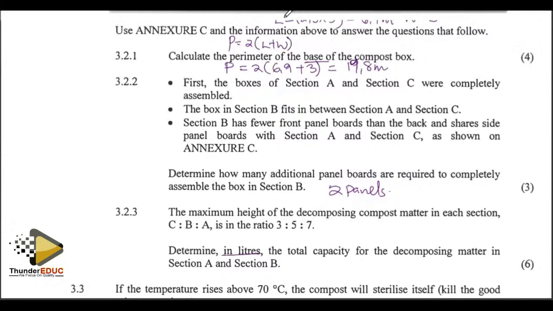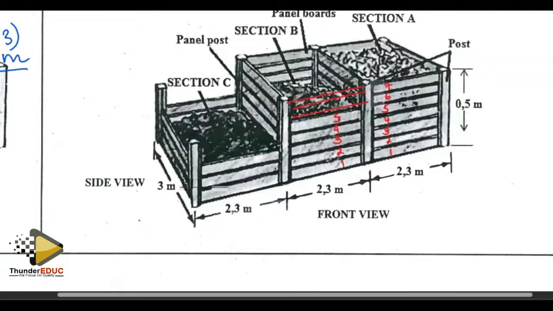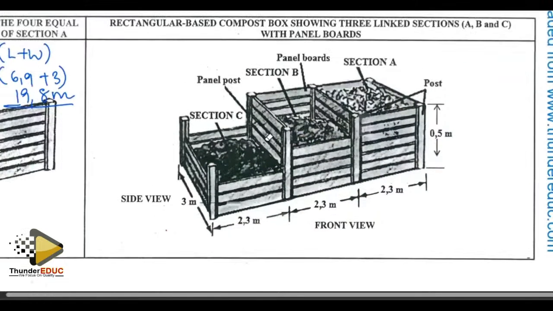So we shall come back and we see. Okay. So now here we're going to determine the volume. We shall first and foremost, because they are saying it's C is to B is to A, which is 3:5:7. All right, that's the ratio.